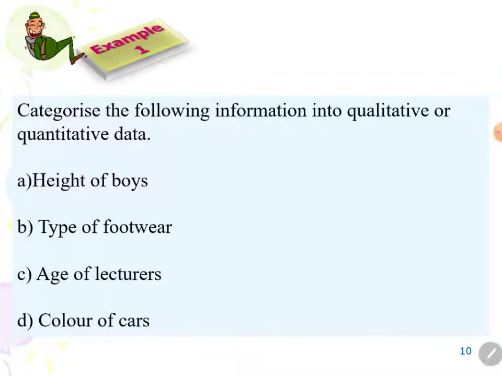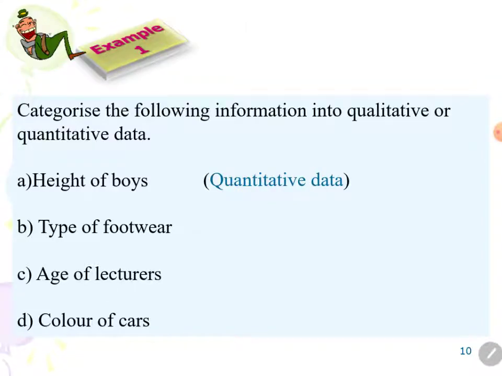Categorize the following information into qualitative or quantitative. So quality will be the quality of the characteristic. Quantity will be counting the characteristic. So how about the height? Height will be quantitative because we can calculate the height. We can measure the height. Type of footwear, because it's a type, so different types of footwear.